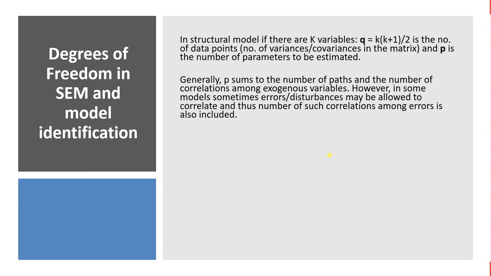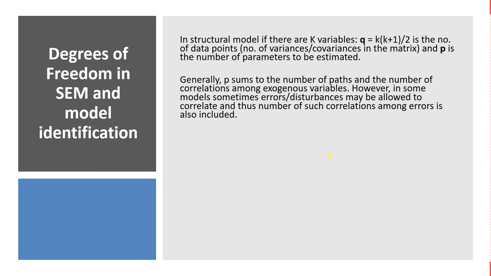In a path analytic model, p generally sums to the number of paths which are defined in the model and the number of correlations among the exogenous variables. Generally, in many models, we correlate all the exogenous variables with each other, but it is not necessary. We can correlate a few, but not the others.